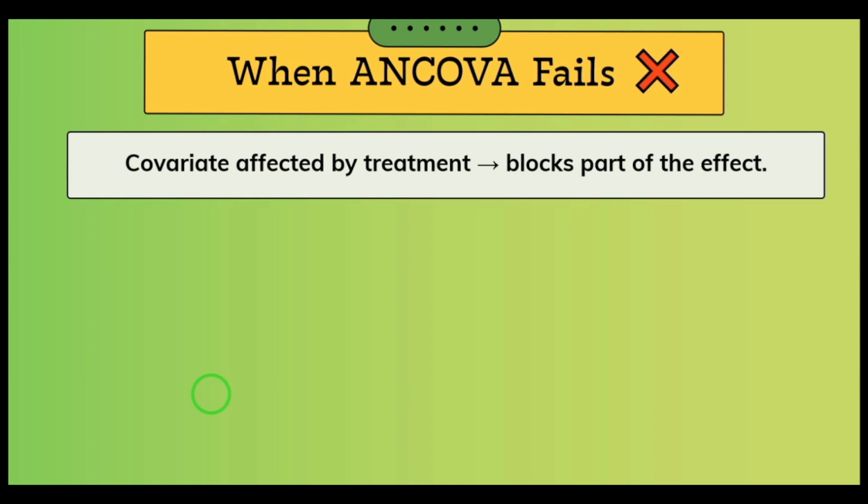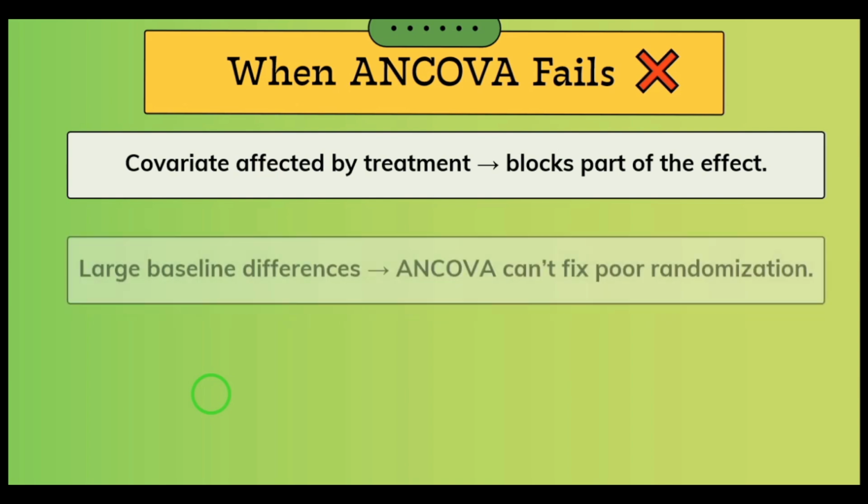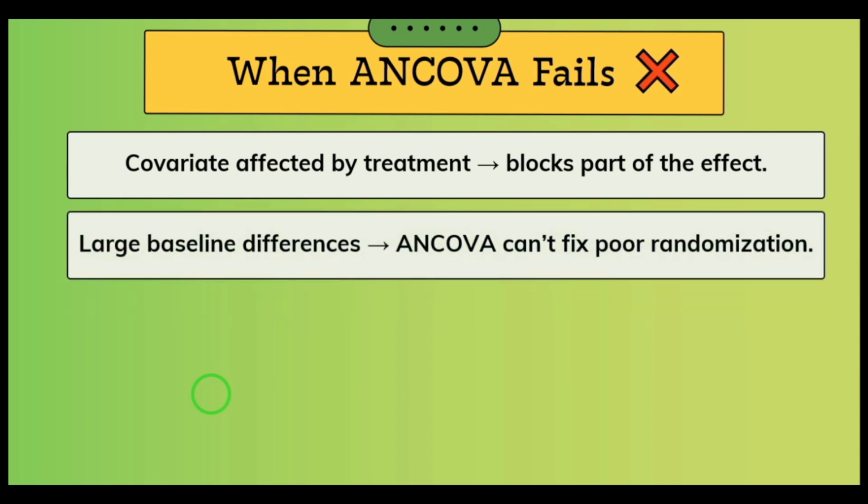So that's not a good choice. And secondly, if groups differ too much at baseline, you need to know that ANCOVA isn't the magic fix for poor randomization. So if one group starts much higher than the others, the adjustment won't make them truly comparable. And using ANCOVA in this scenario doesn't make sense.